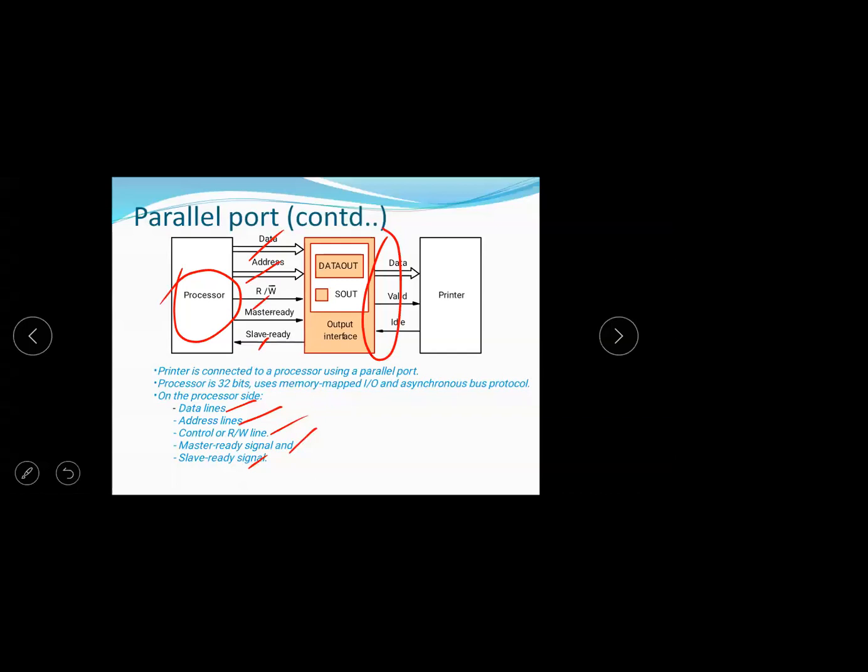The printer side has the data lines, valid signal, and idle signal. The idle signal is used when the printer is idle, that is, when it is free. When the printer is free, it sends a signal to the interface circuit: I am ready to print.